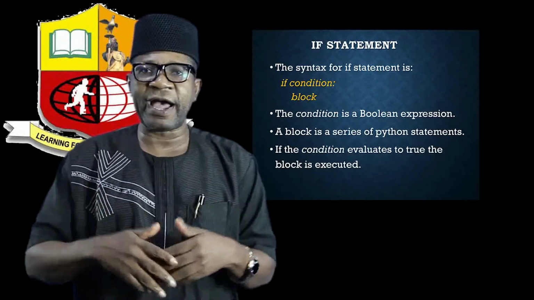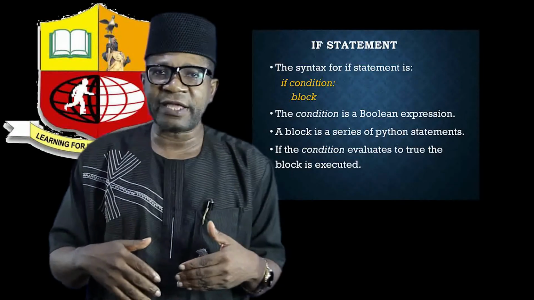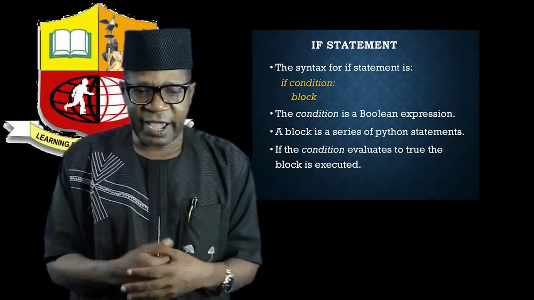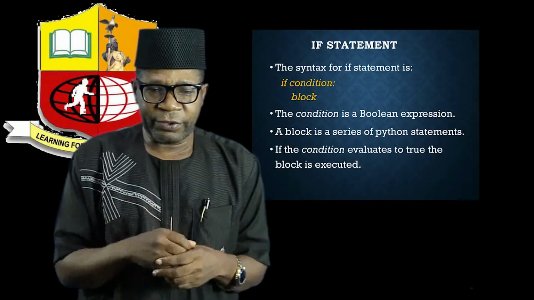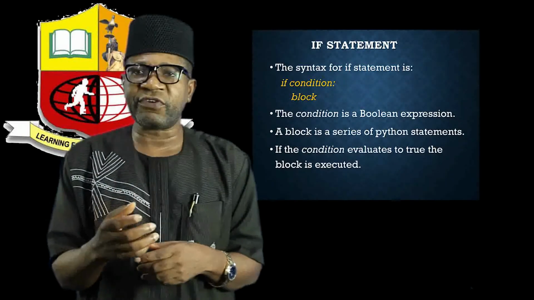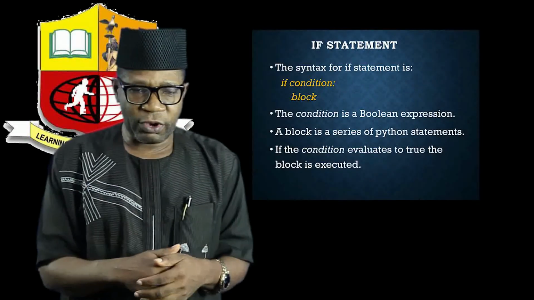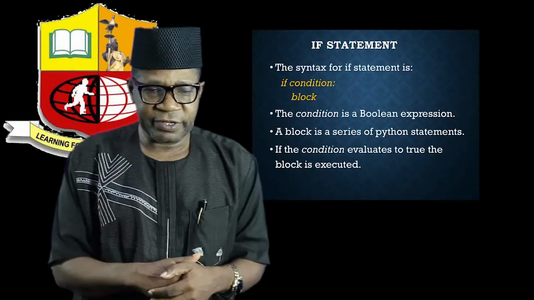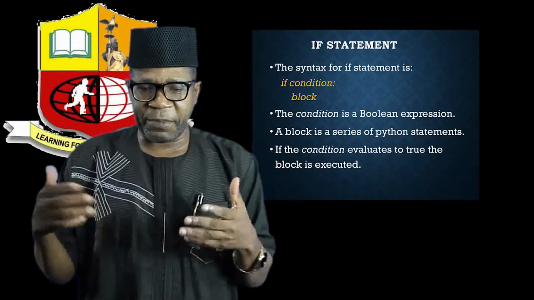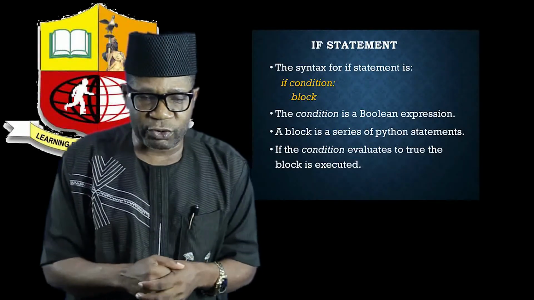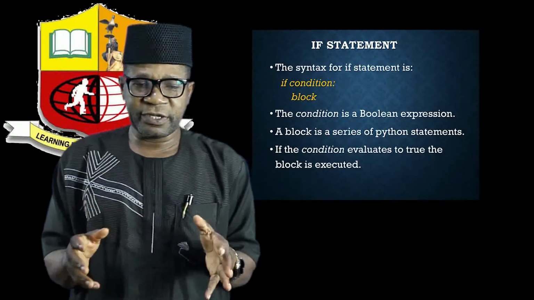Boolean expressions are expressions that give output 0 or 1. So that condition resolves to false or true, or what we call 0 or 1. And the block is a series of Python statements. If the condition evaluates to true, the block is executed.